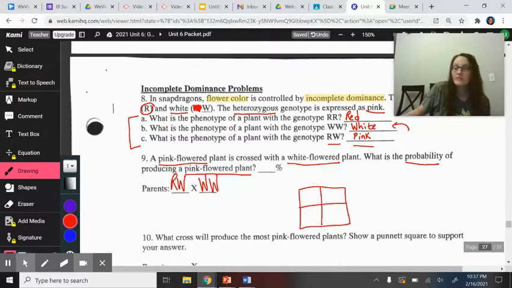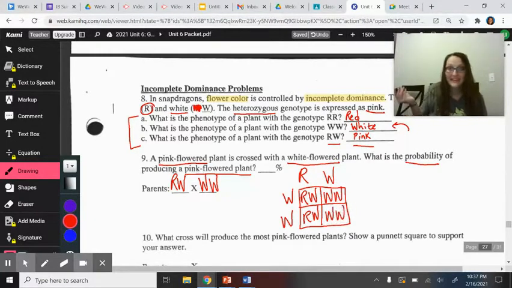Okay, so remember, it doesn't matter which parent you put where. So I just put whoever's listed first on the top and then whoever's listed second down the side. And then you just fill it in. Ta-da!